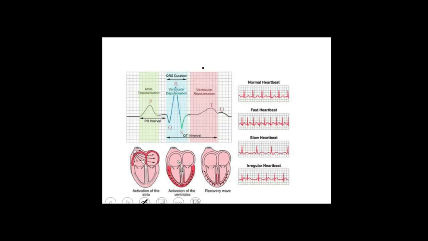Right? And so this is what an EKG is. It measures the strength of your electric field and tells us when those peaks of positive and negative charges are happening. We can analyze and say, okay, this is a normal heartbeat. This is normal, but it's fast, and this is normal, but it's slow.